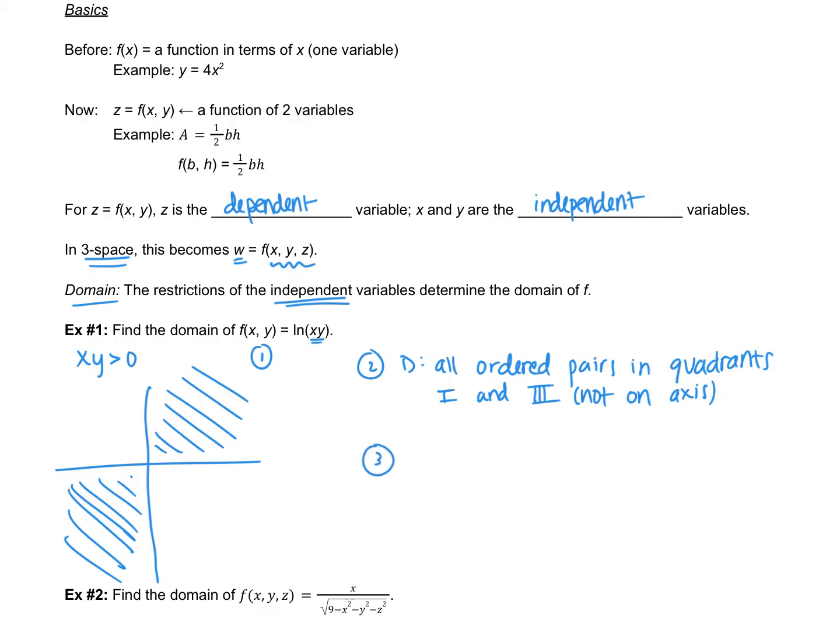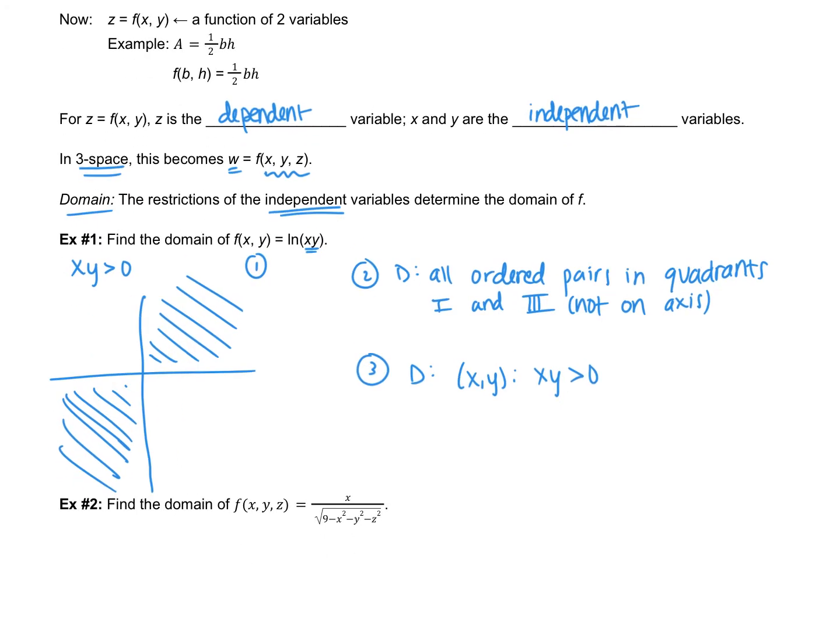And then thirdly, in algebraic notation, our domain is all x and y such that xy is greater than 0. On WebAssign, you're going to see domain in a specific way, but in your packet or on a test, you can use words or you can show a picture, either one.